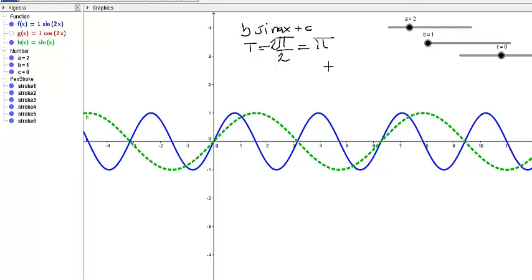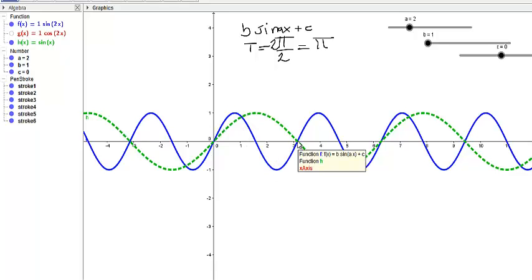And you know that when the period is equal to pi, the normal sine graph is here, the green one. It finishes the figure in 2 pi units, which is 6.28. But sine 2x finishes in pi units, here the graph is complete at pi.